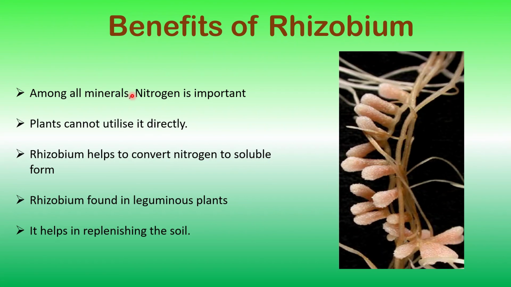The Rhizobium present in root nodules helps to convert nitrogen into a soluble form for plants. The Rhizobium is found in leguminous plants. It helps in replenishing the soil. Usually, when farming, farmers plant a leguminous plant in between two plants for the flow of nitrogen.